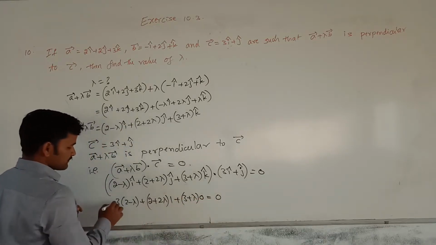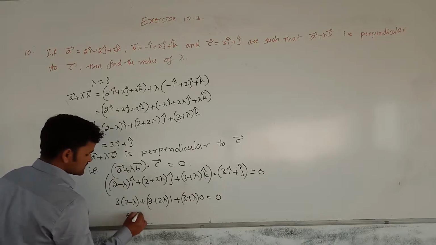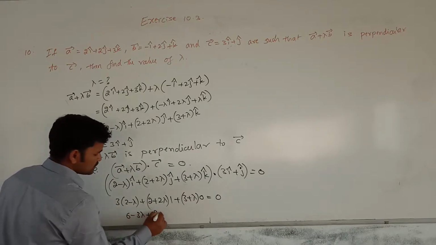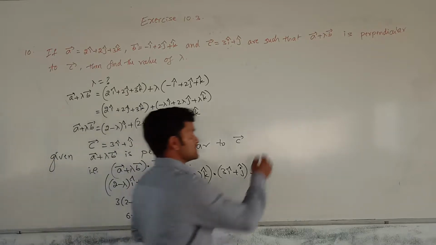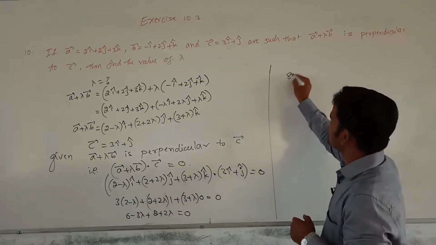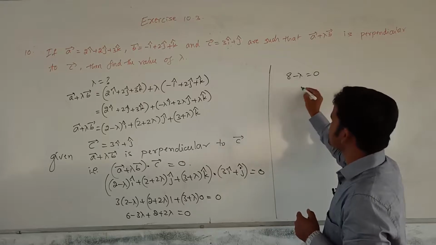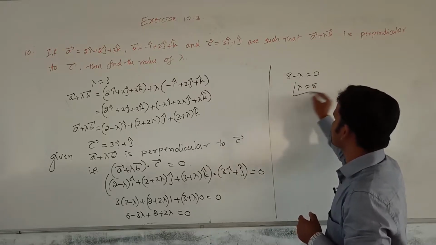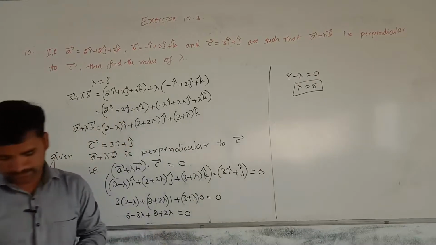This part is 0. 3 will get multiplied with these two. 3 into 2 is 6 minus 3 lambda plus 2 plus 2 lambda plus 0 equal to 0. Now we have 6 plus 2 is 8, minus 3 lambda plus 2 lambda is minus lambda, which is equal to 0. Therefore, what is the value of lambda? Value of lambda is 8.